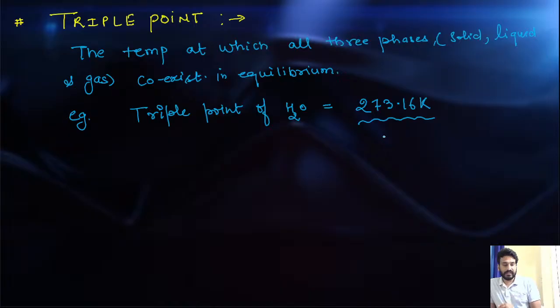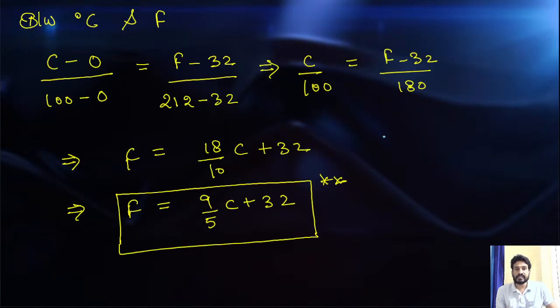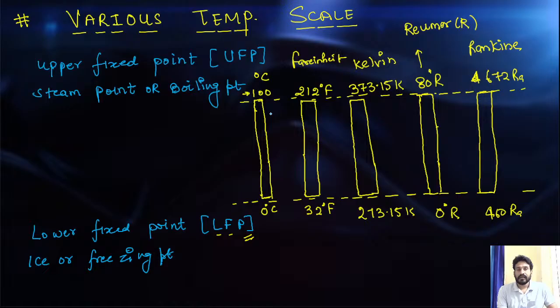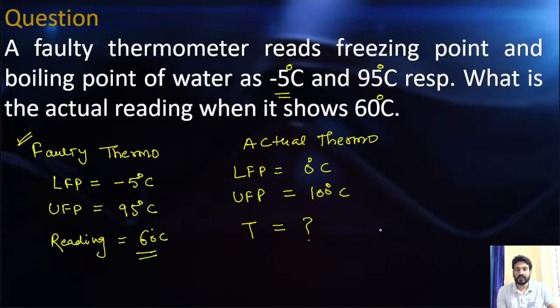At this temperature, guys, all the three phases of water coexist. Now, we have studied the scales. This is the degree Celsius scale, and this is the Kelvin scale. 0 degrees Celsius is equal to 273.15 Kelvin.